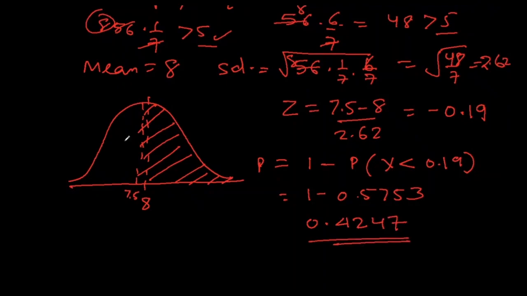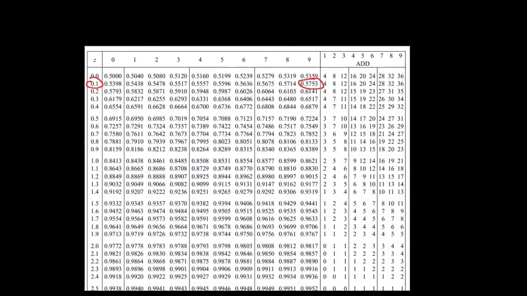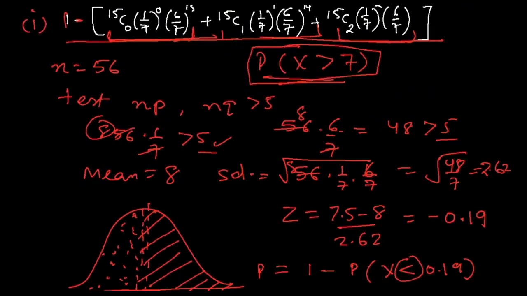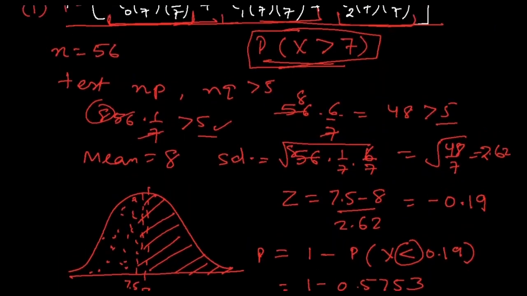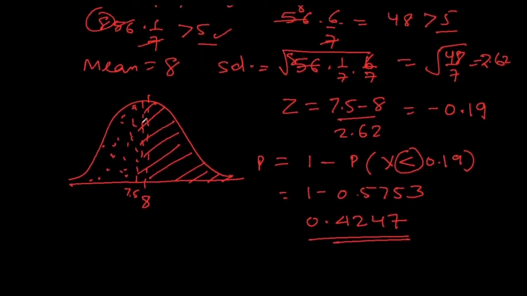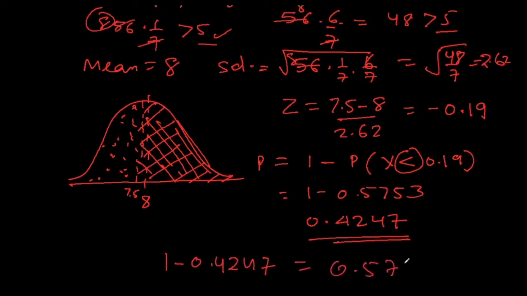So this is the probability that it is less than, because we took less than, our normal function table is also for less than. But they are saying greater than 7, so we need to find this area, isn't it? If I do 1 minus 0.4247 again, I get 0.5753 back. This is how we carry out normal approximation of discrete data.